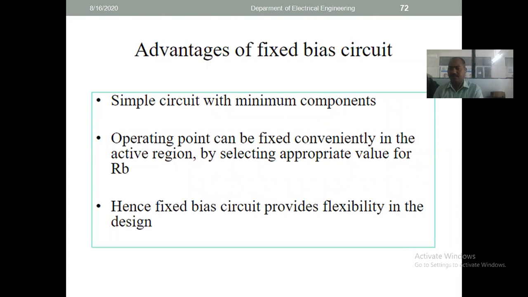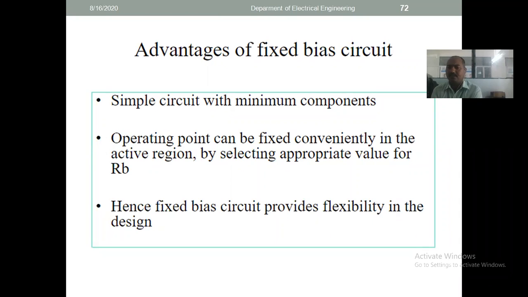One of the bigger advantages of this type of configuration: it also has some disadvantages, but we have to consider some of the advantages. This configuration requires fewer components.